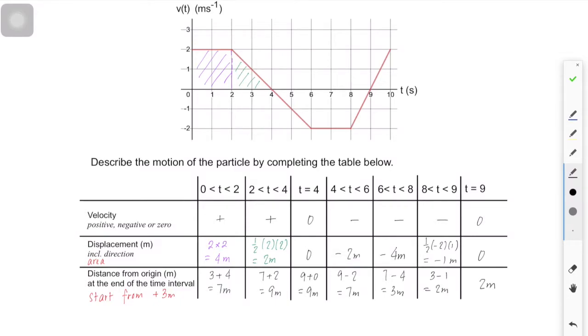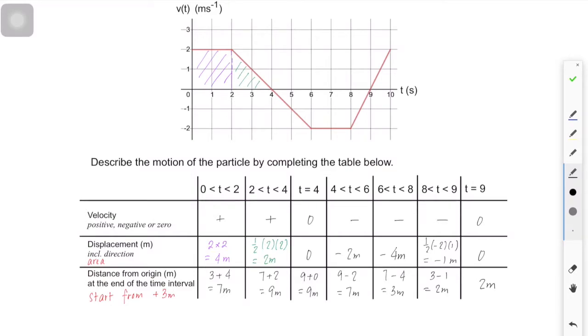Okay, so I hope you have completed the chart like I did. And to recap, basically velocity is reading the sign of the graph, whether the graph appears above the x-axis or below the x-axis.